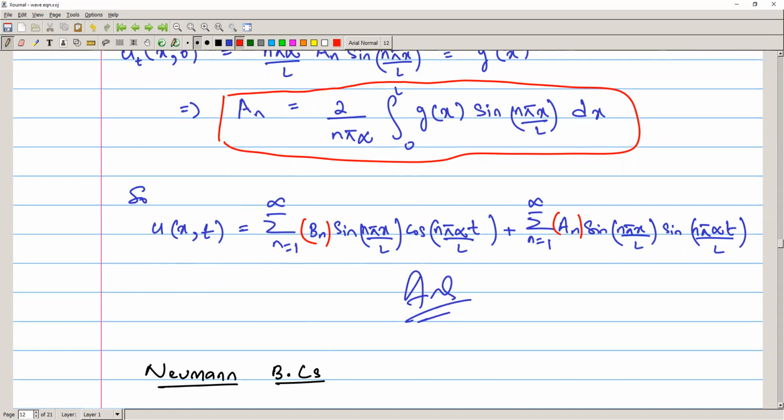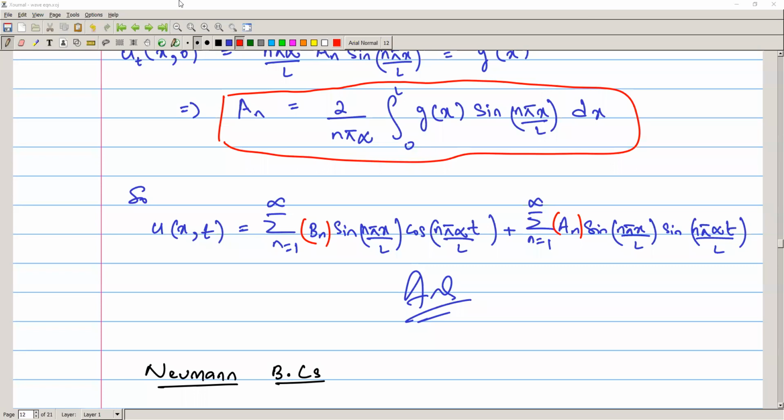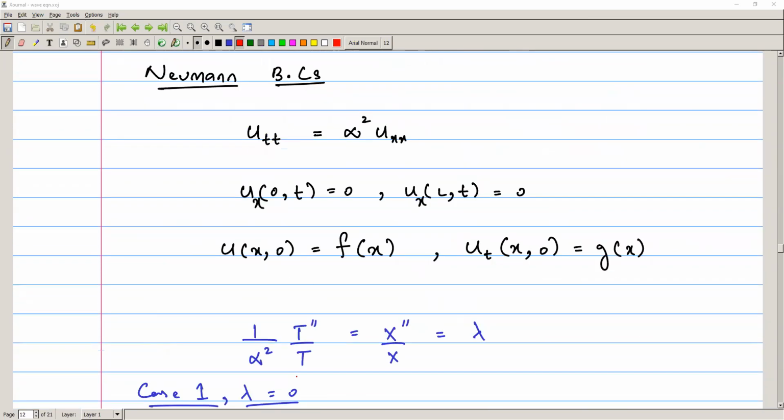Right, now we will discuss Neumann boundary conditions. So now we are going to work on the Neumann boundary conditions, and we know that the Neumann boundary conditions are the derivative boundary conditions. So for this wave equation, we are going to see how we can construct the solution for this problem.